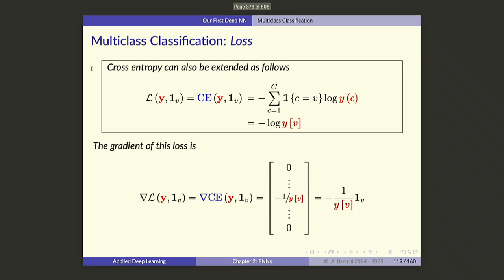So you're going to see something like this. For every other entry that is not the true label, the derivative is 0 because it is not showing up here. For the true label, the derivative is going to be minus 1 over that y, right? And then you can simply write it down in terms of the one-hot vector. So the derivative is basically the one-hot vector, and you have the gradient.